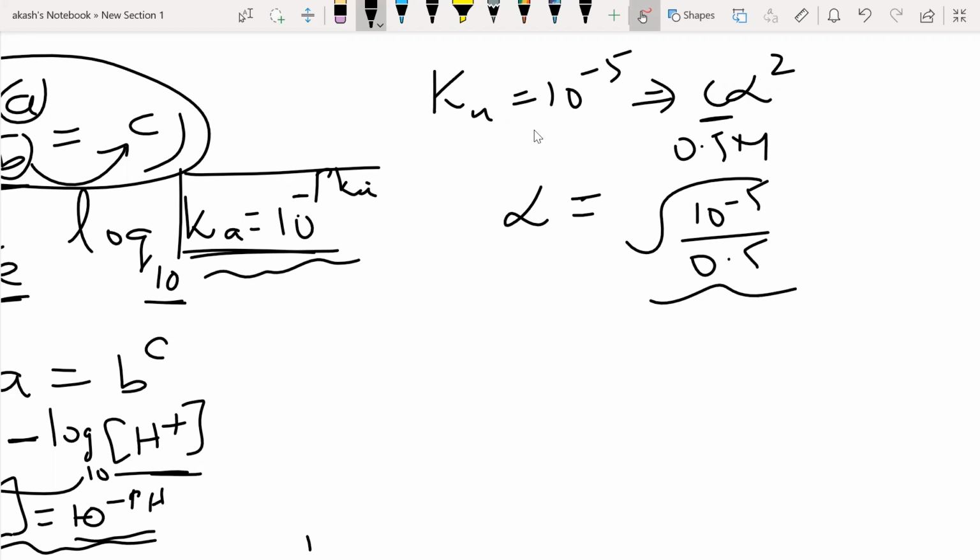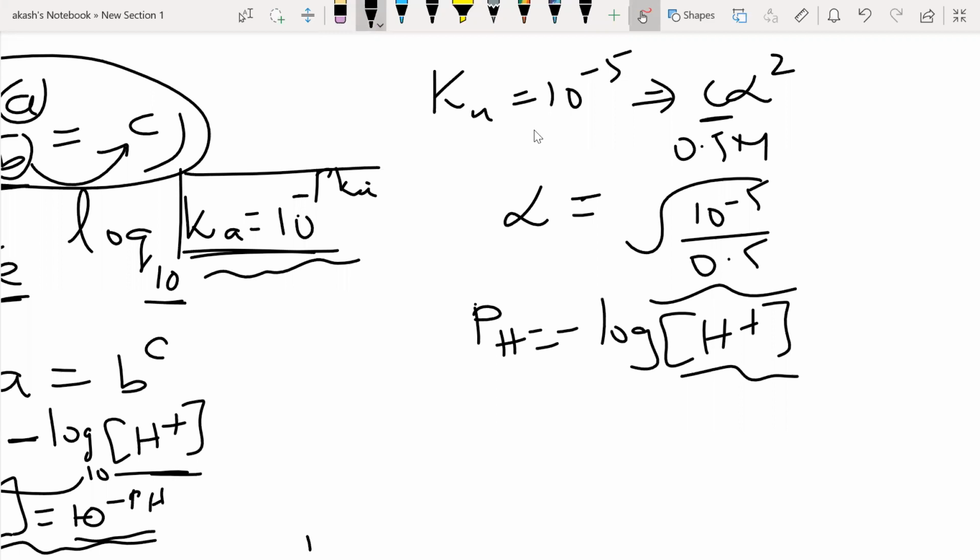Right now they have asked you one more question. They want the pH value. So pH is negative log of H plus concentration. Now I know the H plus concentration from this thing; hope you remember it is equal to C alpha. So you can find the H plus, or directly use the formula. C value we know that is 0.5, and alpha value we just found out.